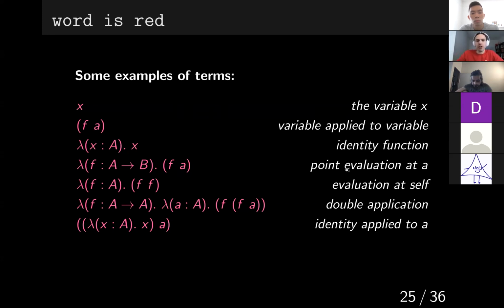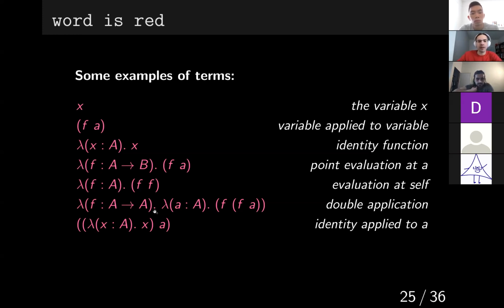Here's another function, point evaluation at A. Lambda f ranging over A to B, and the body of the function is f applied to A. And this function is point evaluation at A. Here's another function, lambda f in A, f applied to f. I call this self-evaluation.